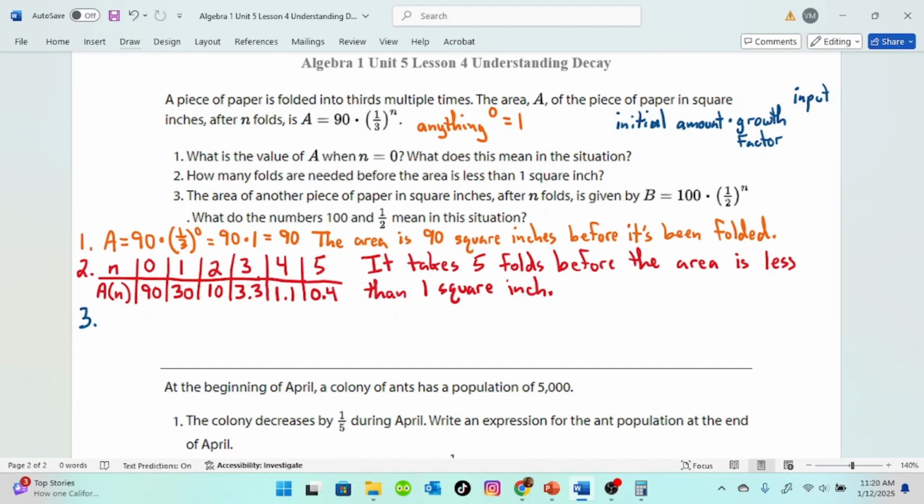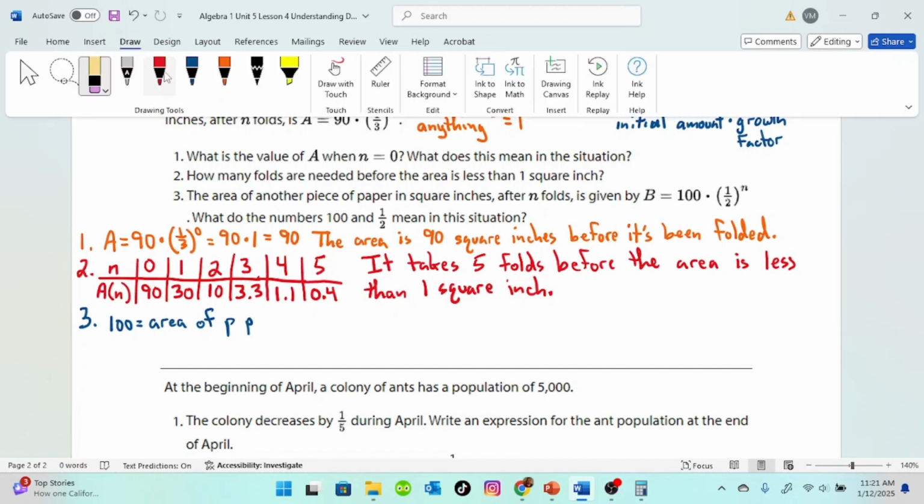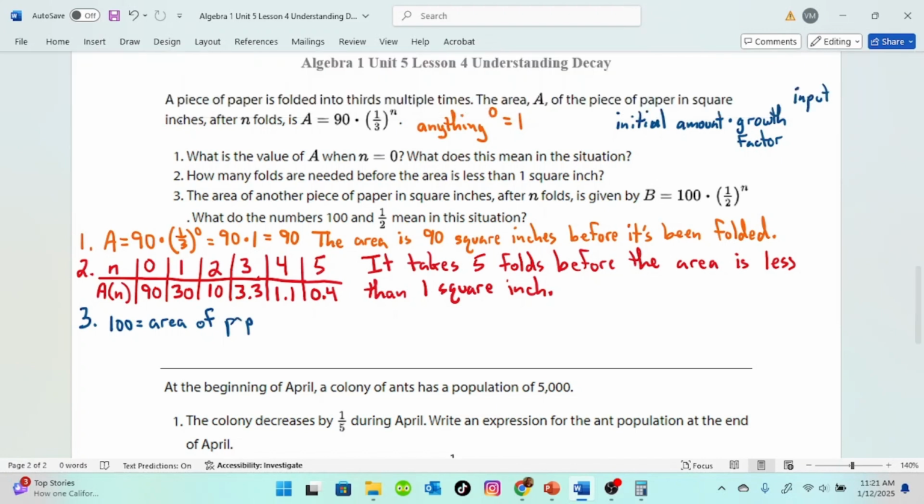So the 100 is the initial amount, the area of paper before any folds.